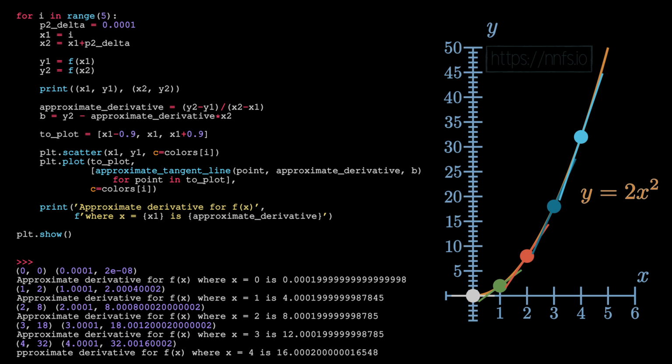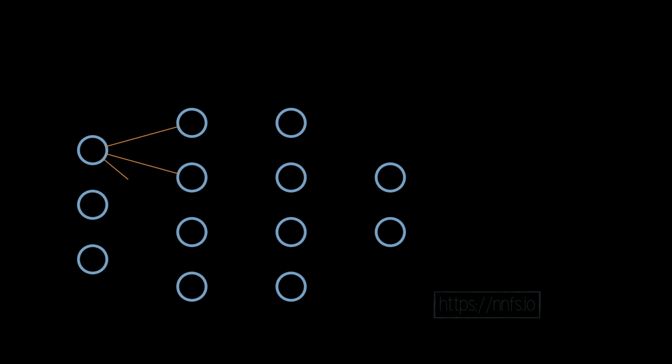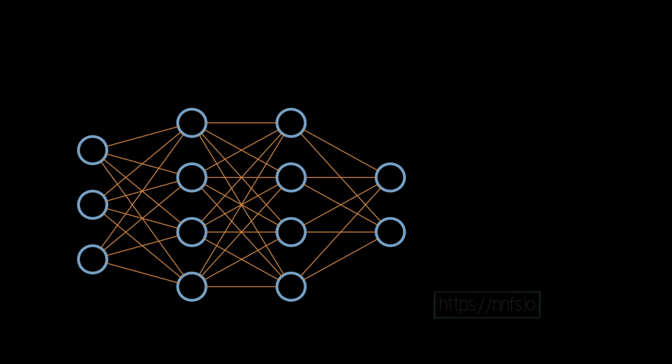Now, a slight issue for us is that the actual function in a neural network is not so simple as having a single variable. Oftentimes, we're attempting to adjust millions or more parameters. Calculating derivatives using numerical differentiation would require multiple forward passes for a single weight or bias adjustment per sample.